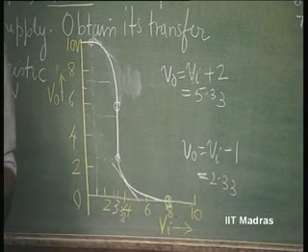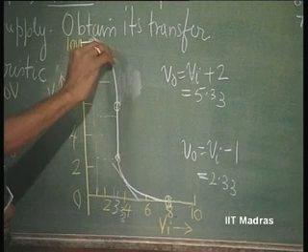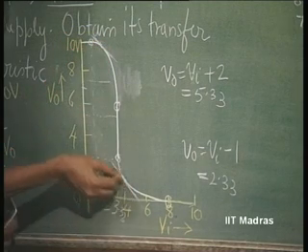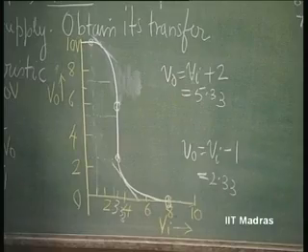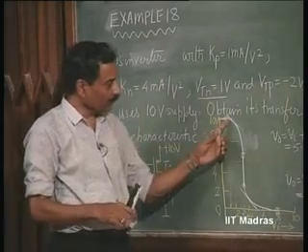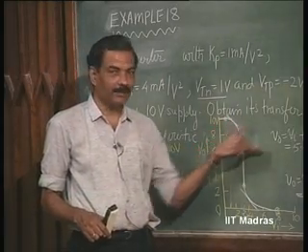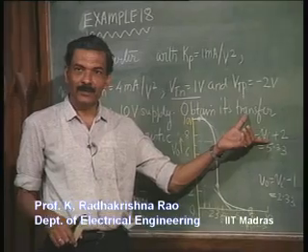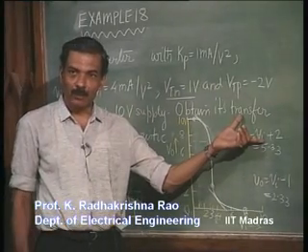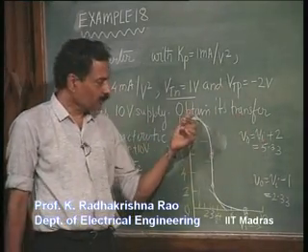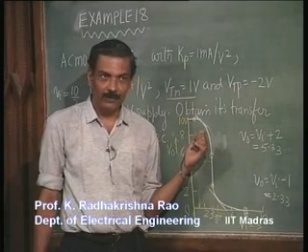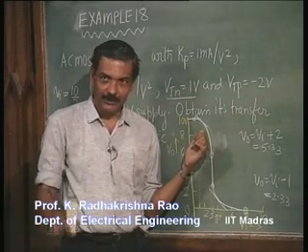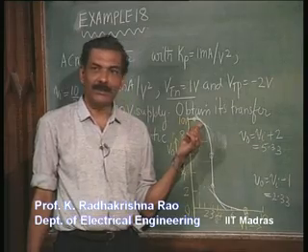So, the point at which dV naught by dVi becomes equal to minus 1. You already know the V naught versus Vi characteristics from the equation of currents being equal. From that equation you can obtain dV naught by dVi equal to -1, substitute that and find out the point at which this occurs.